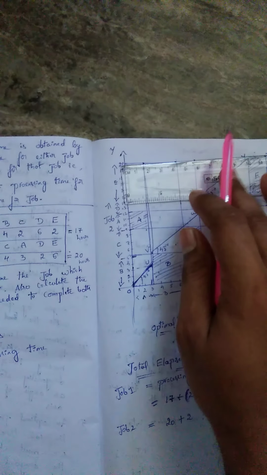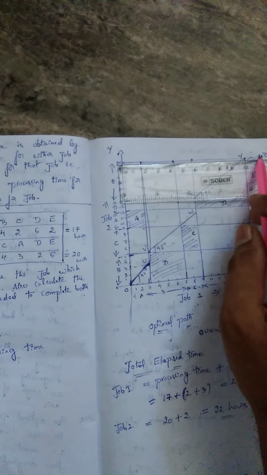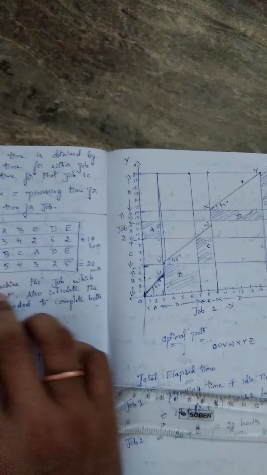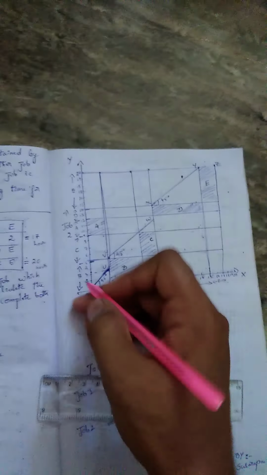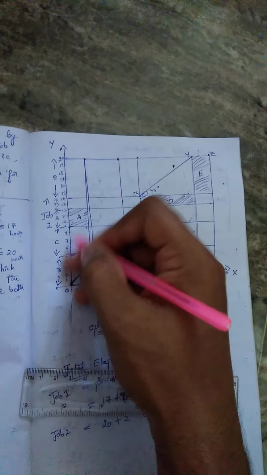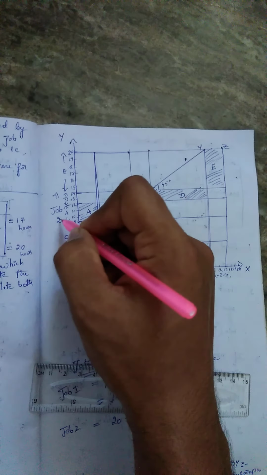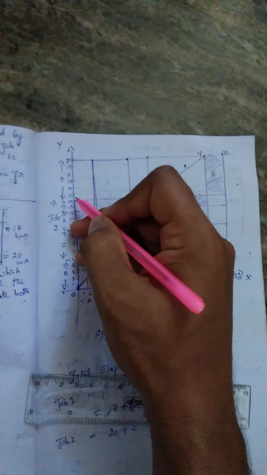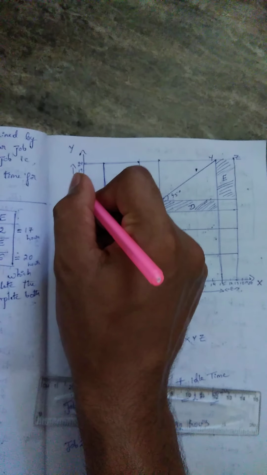That means we have already drawn this line, but just drawing the line up to 17 hours. And these are the sequences: A sequence, B sequence, C sequence, D sequence. Pointing 1 to 5 is the B sequence, 5 to 9 is the C sequence, 9 to 14 is the D sequence, and 14 to 20 is the E sequence on the vertical axis of job 2.